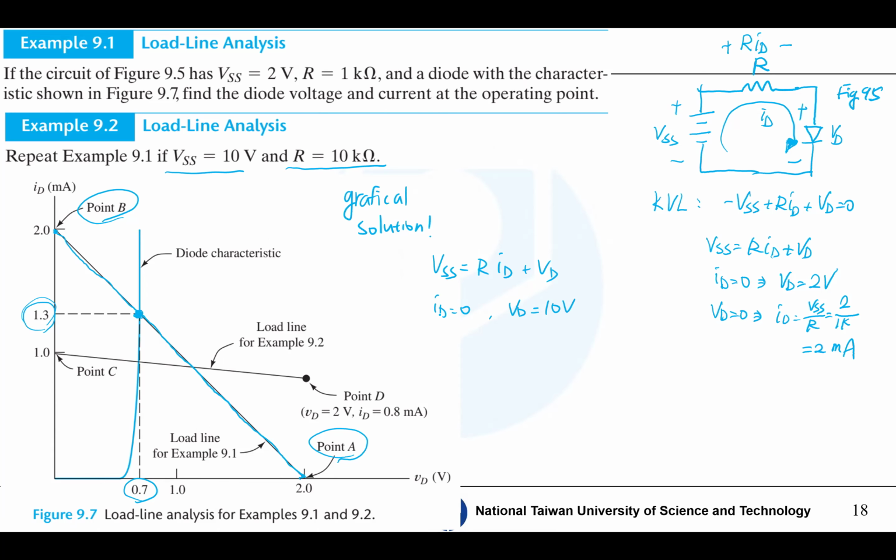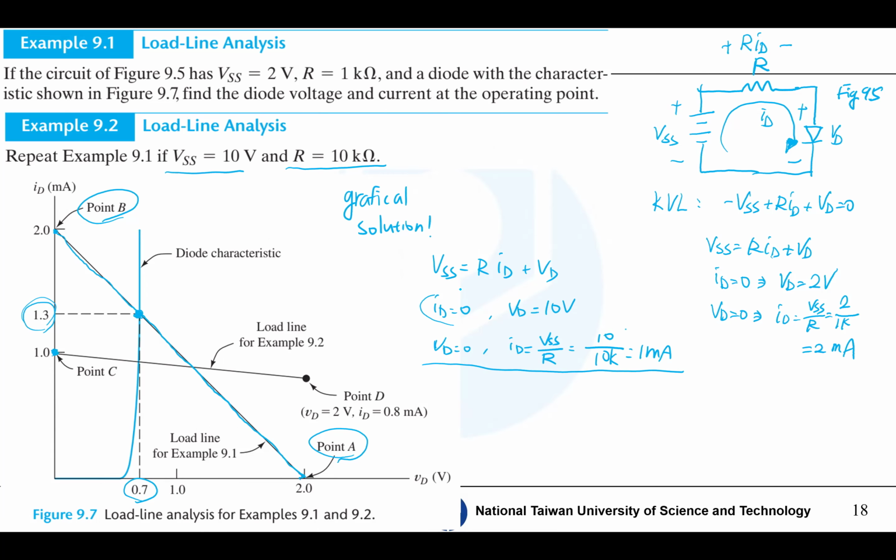And then when VD equals 0, ID equals VSS divided by R, which is 10 over 10K. This is 1 milliampere. So this point is easy. It is here: VD is 0 and ID is 1 milliampere.